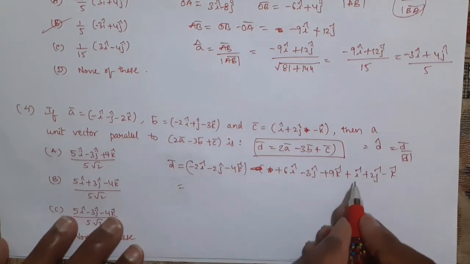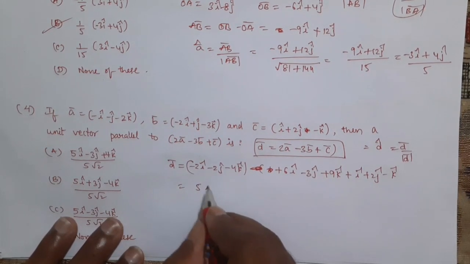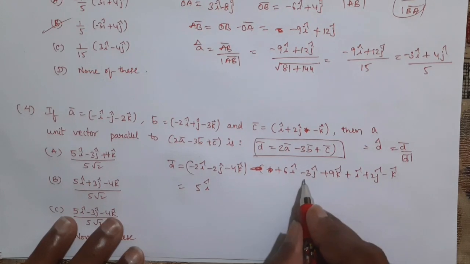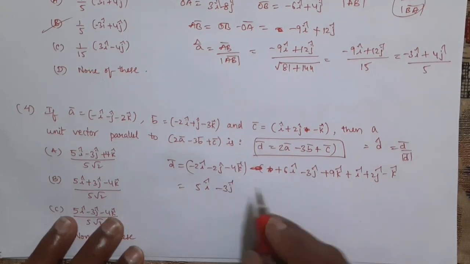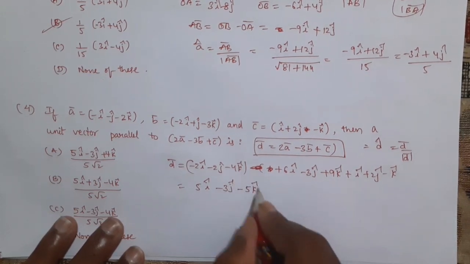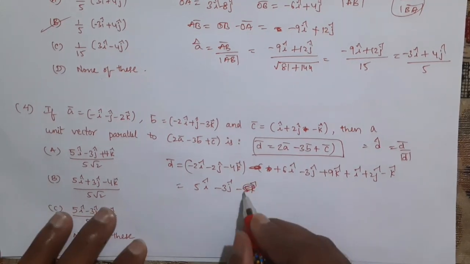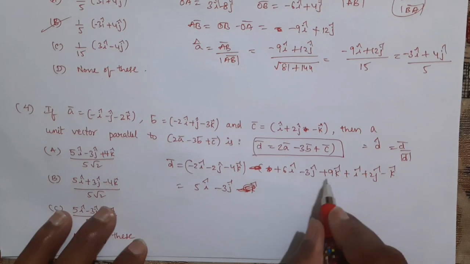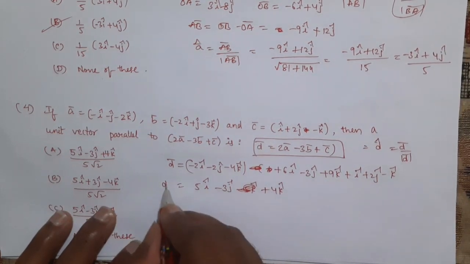So minus 2 plus 6 is 4, 4 plus 1 is 5 i cap, and then minus 2 minus 3 plus 2 is minus 3 j cap, and then minus 4 plus 9 is plus 5, plus 5 minus 1 is plus 4 k cap. So this is what d bar.